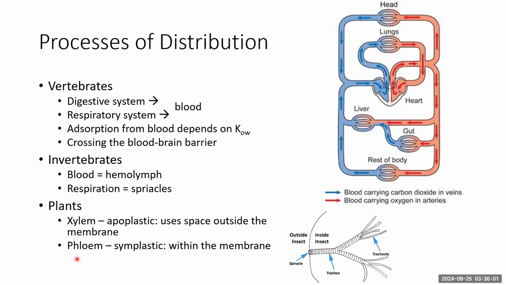Sugar, on our spectrum of totally hydrophobic to totally hydrophilic, is a lot more hydrophobic. It's not totally hydrophobic, but it's comparatively hydrophobic compared to water interacting with water. So it's on that spectrum. So we tend to want to think about more lipid-loving compounds interacting with phloem and more water-loving compounds interacting with xylem.